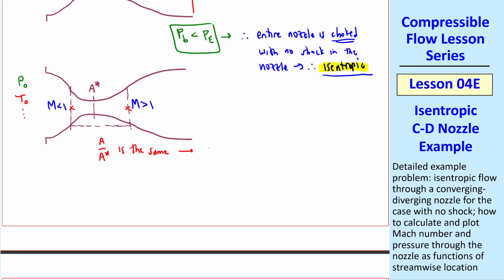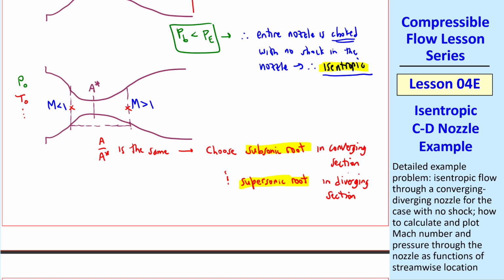So we must be careful to choose the subsonic root in the converging section and the supersonic root in the diverging section. And when you're doing these kinds of problems in software like Excel or MATLAB, you have to be sure to choose the proper root depending on where you are in the duct.